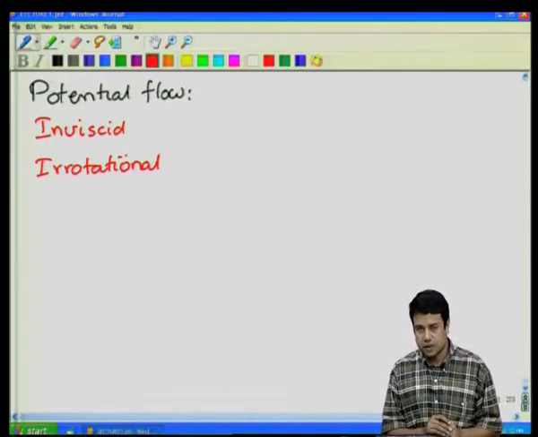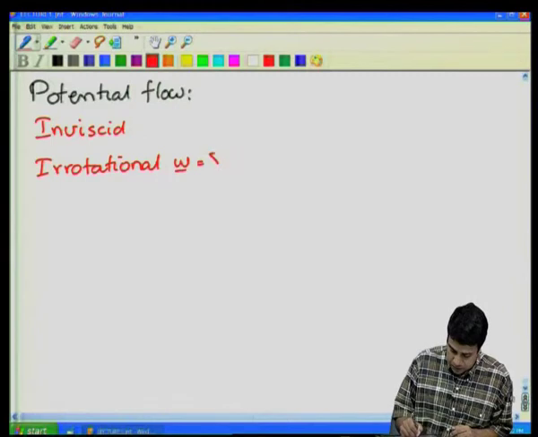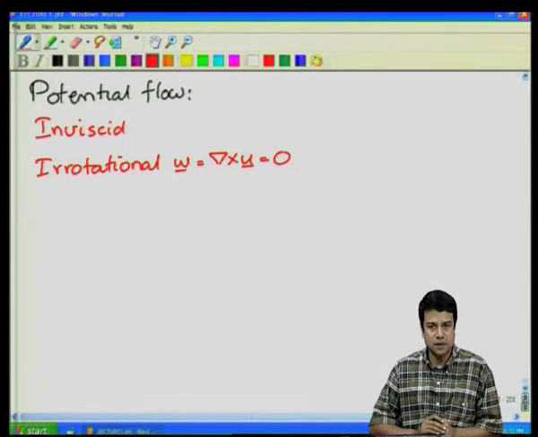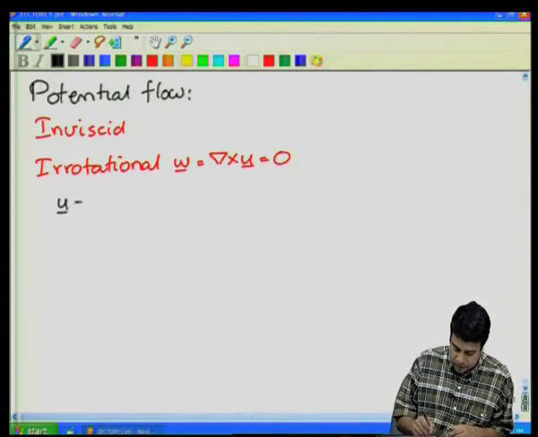What is meant by irrotational is that the vorticity, which is equal to del cross u, is equal to 0. And if the curl of a vector is equal to 0, it can always be expressed as the gradient of a potential. That is the reason for the name potential flow. Okay. So, therefore, I can always write the velocity as the gradient of a potential.